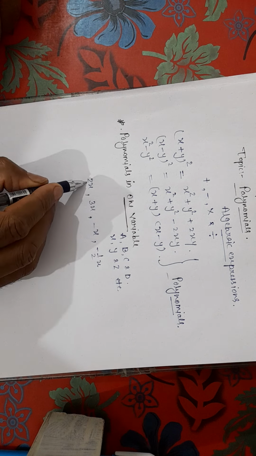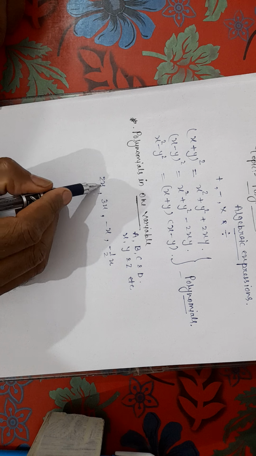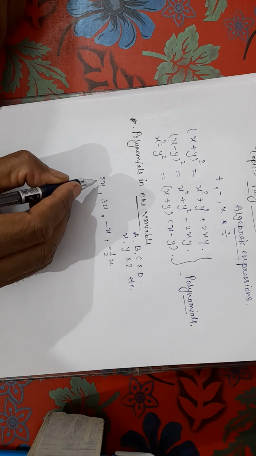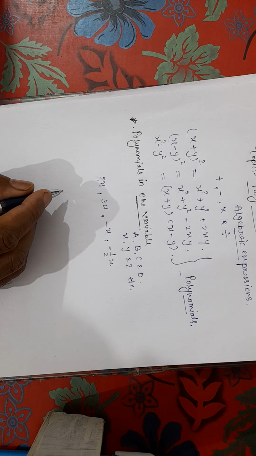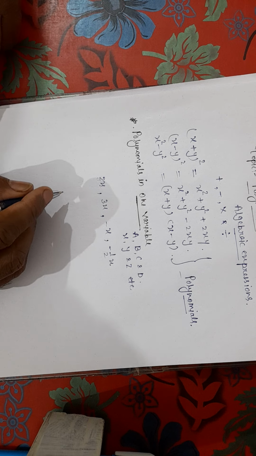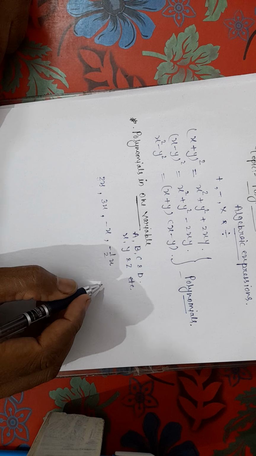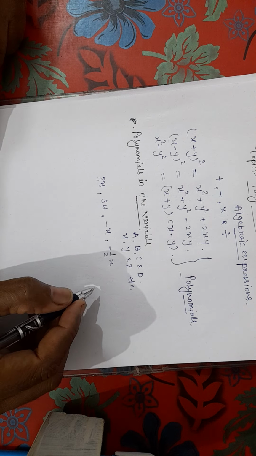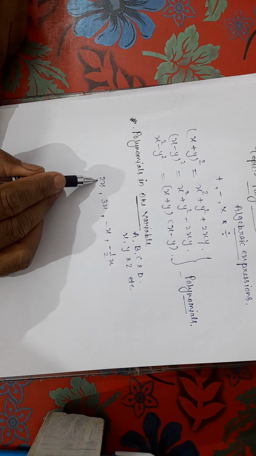A constant that is multiplied with a variable is known as the coefficient of that variable. So this is only one term, one term, one variable.